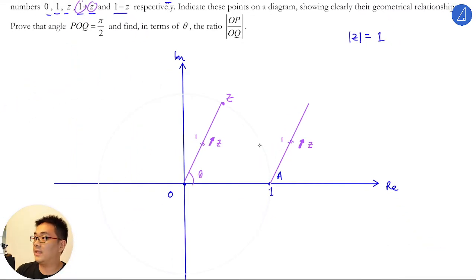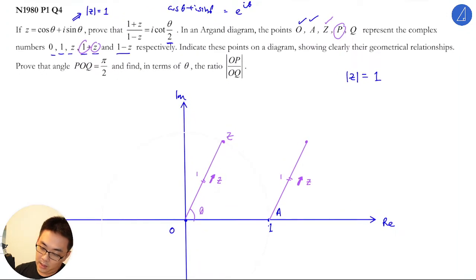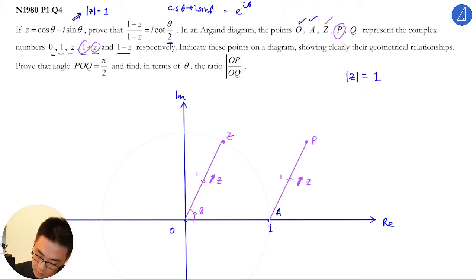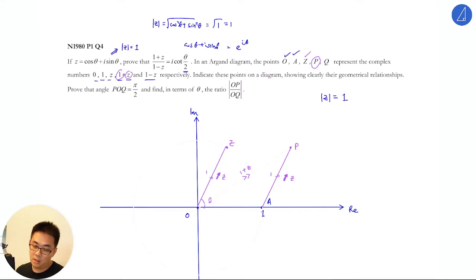So 1 plus Z is here. So this over here would be P, which is 1 plus Z. Okay, this is okay.